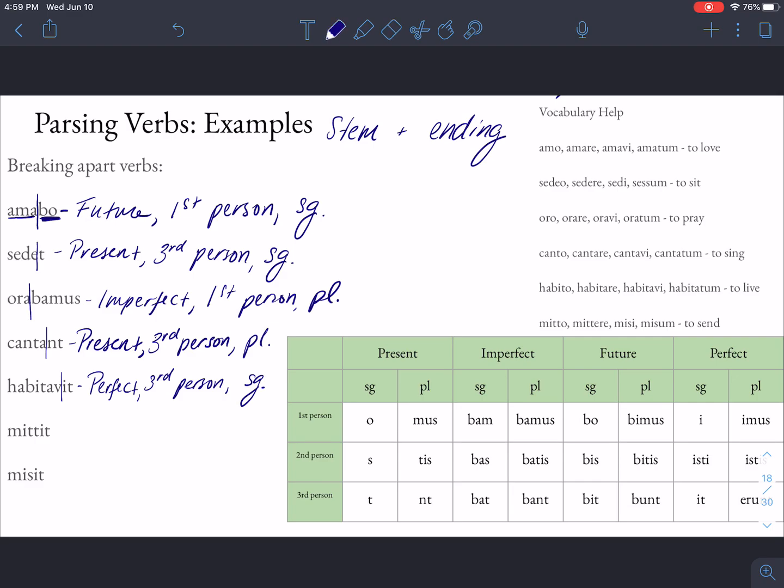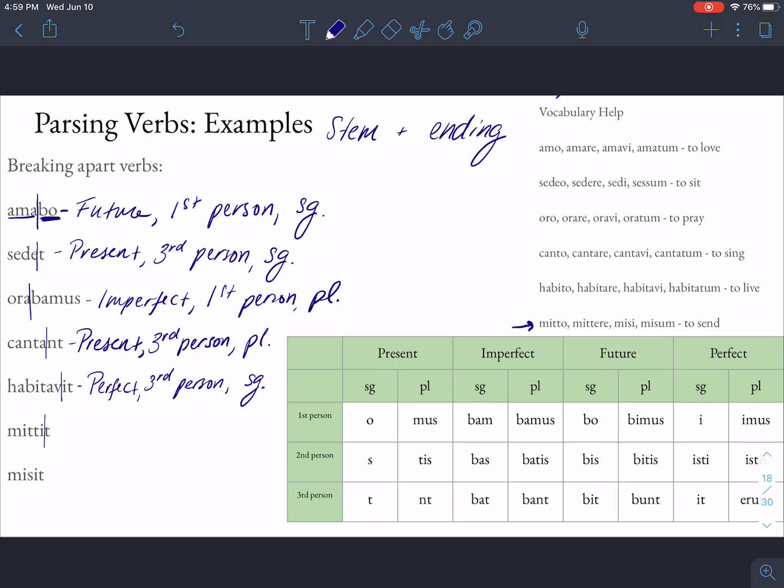Next, mittet, mittere. Now, these last two are a little tricky, because both mittet and misit come from the same verb. It comes from mitto, mittere, misi, missum. But they're both separate tenses.